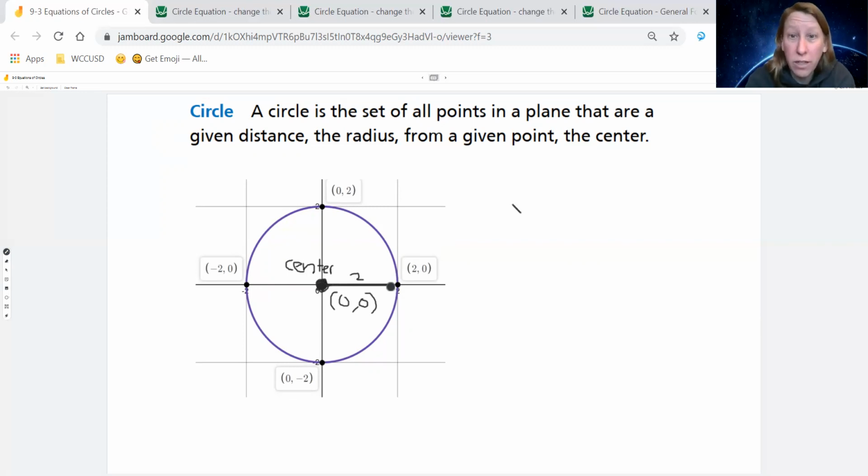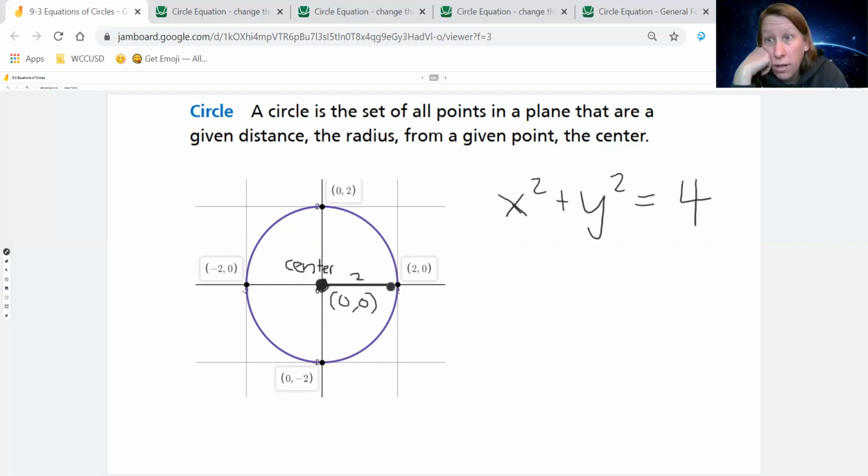And this is the formula. x squared plus y squared equals 4. If I type that into Desmos, I'm going to get this beautiful purple circle. Does that look like anything? Does that look familiar to you? Okay, remember I was just saying the circles are related to what?